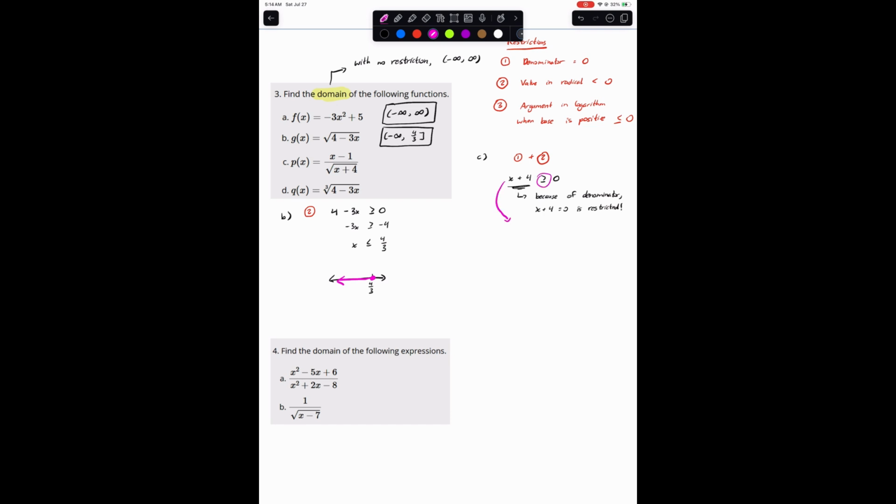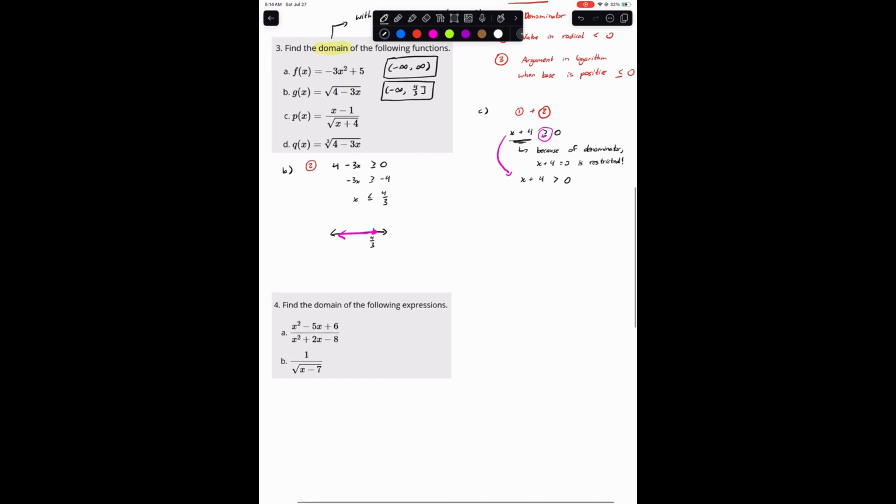We have to take out that equal, and we restrict it to just x plus 4 greater than 0. And we subtract 4 from both sides, and we get x greater than -4. And our domain then becomes -4 to positive infinity, exclusive, also exclusive of course.